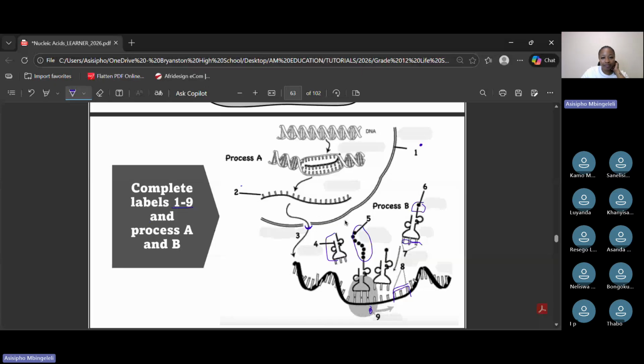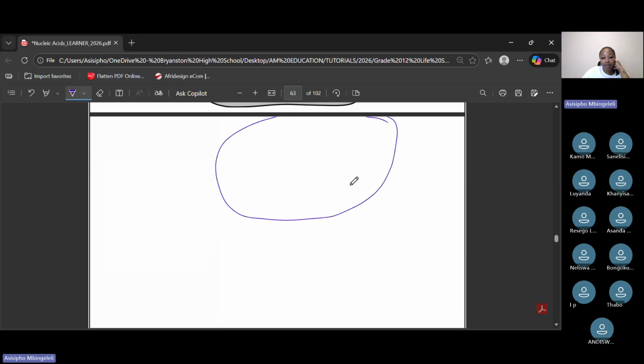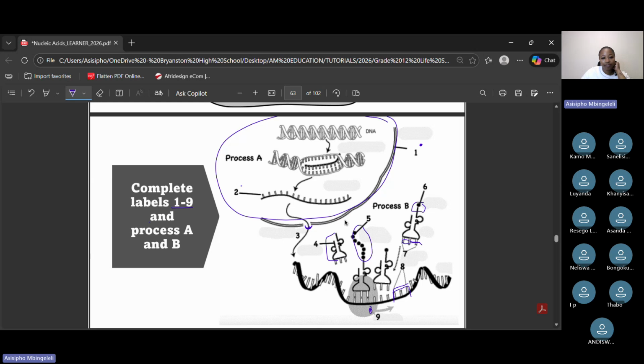Okay, Kanyisa, what is 1? Ma'am, is that not the nuclear membrane? Perfect. Nuclear membrane. Remember, this is the nucleus. So that's the nuclear membrane. Perfect. 2, Asanda.